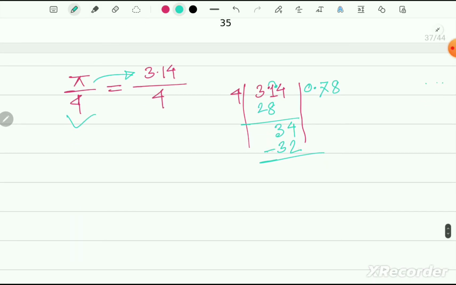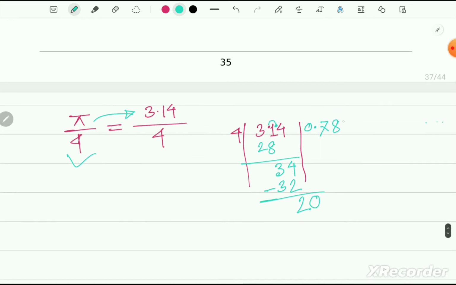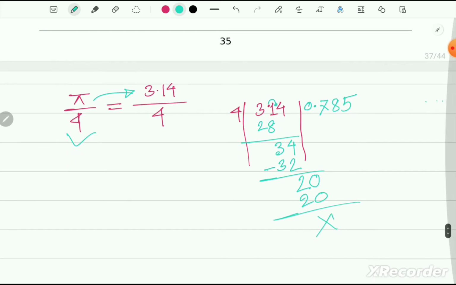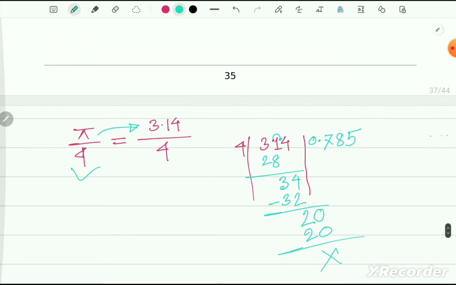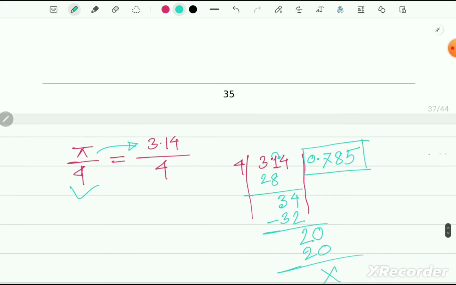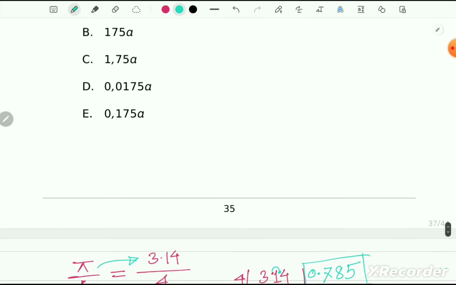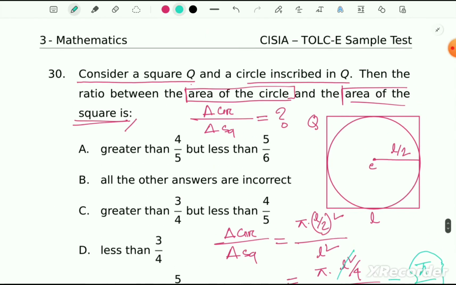After subtracting, there are 2, so we can bring another 0, then it becomes 20. 4 multiply 5, 20. So this is our decimal number equivalent to pi by 4, 0.785. Now let's find out the answer.